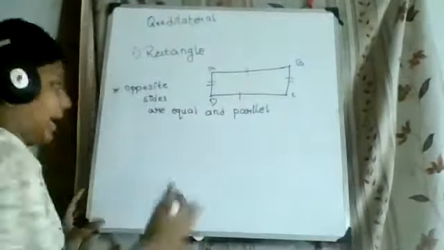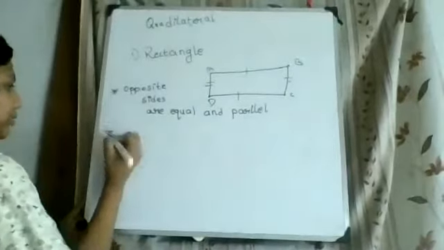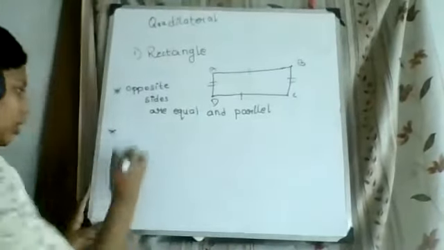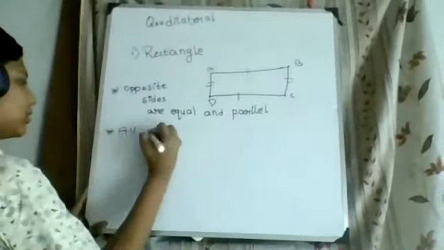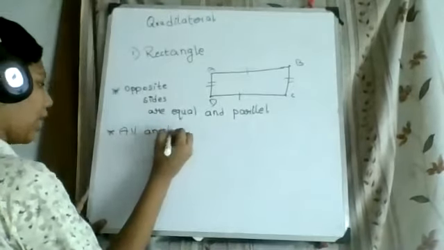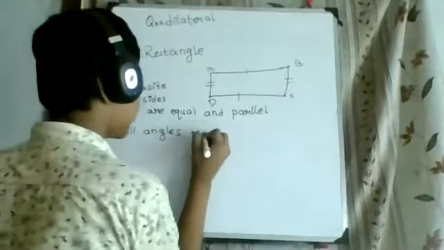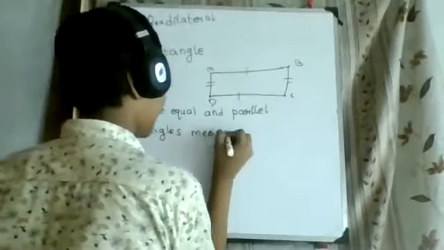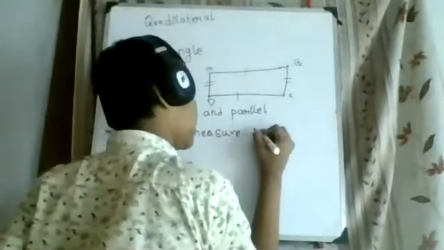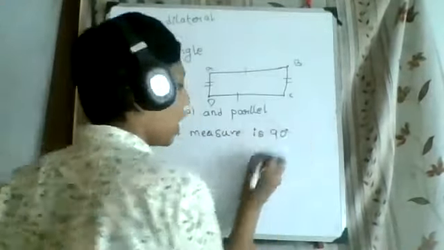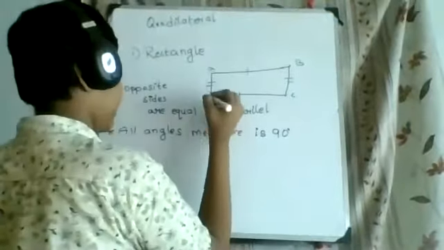And the next point, angles. All angles measure 90 degrees only. All angles are right angles.